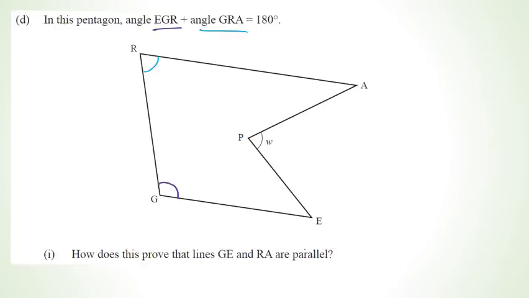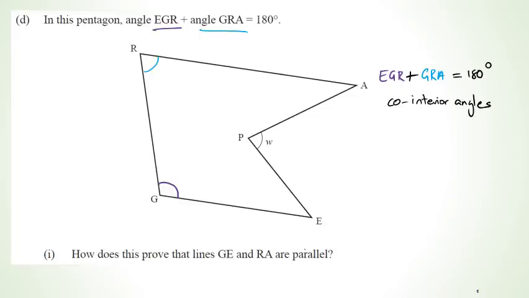Okay, so the one thing you need to know is if EGR and we add it up to GRA, and if that equals 180 degrees, then they are co-interior angles.